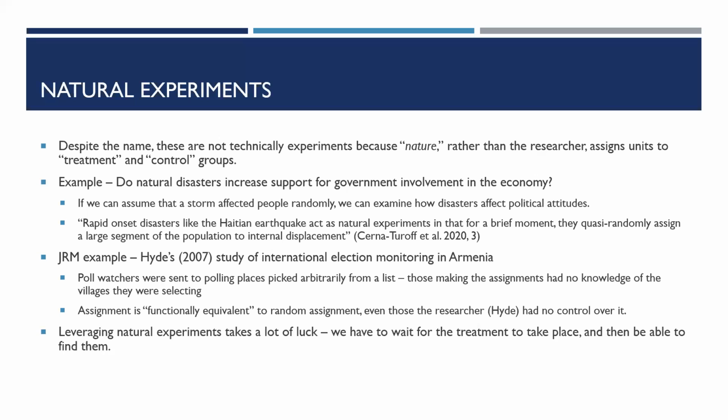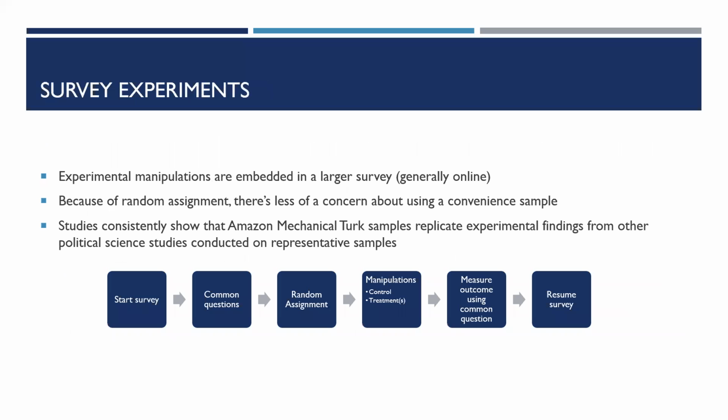And then we have to be able to find these things. So again, it takes a lot of creativity, a lot of luck, but if you can find a natural experiment, it sometimes makes for a good contribution to the literature and a more exciting publication, I guess you might say. All right, so that's one type in addition to that lab version. And then the other type we mentioned was the survey experiments.